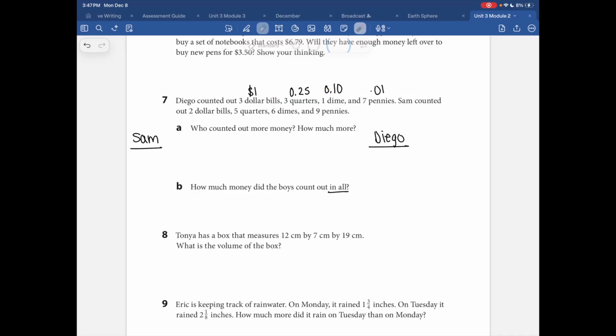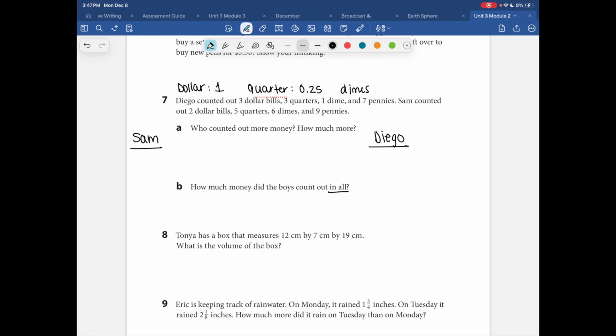I wrote that to help you know that a dollar bill is worth $1, or just one whole. Quarters are 25 cents. This is just to help you.